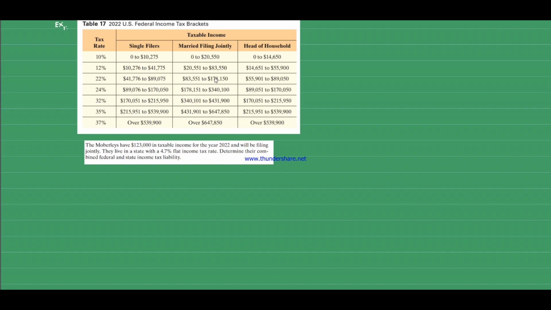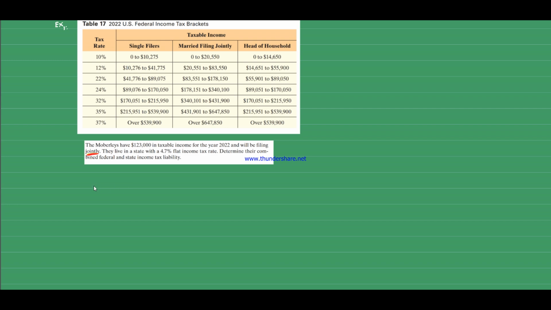Jointly means, you see that I underlined it, that we're going to look at this bracket right here. And live in a state with a 4.5% flat income tax rate. And determine their combined federal and state income tax liability.